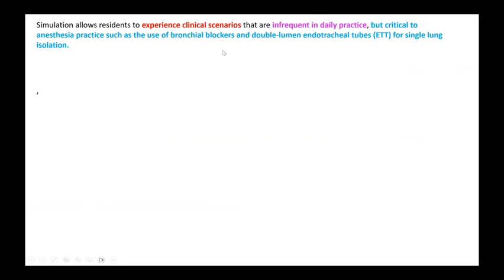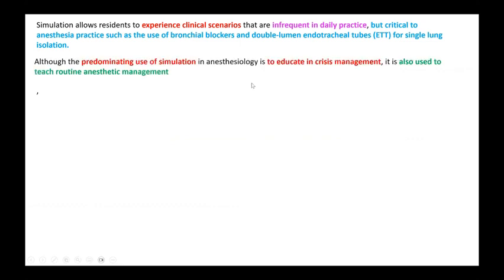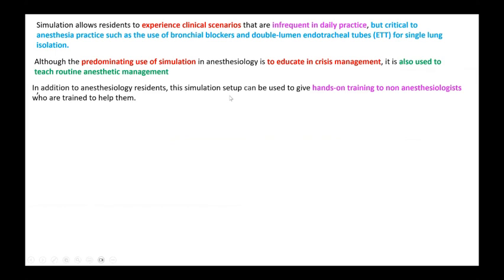Whereas if you have a mannequin and a simulation lab, you can practice it every day, and that will be handy when you are exposed to a particular situation where you have to use it, rather than when you are not trained in that particular skill. So the predominant use of simulation is in educating crisis management, and the routine anesthetic management also can all be done by simulation.